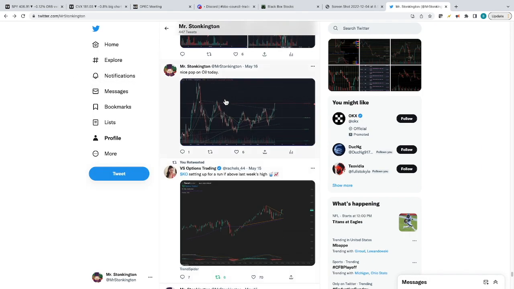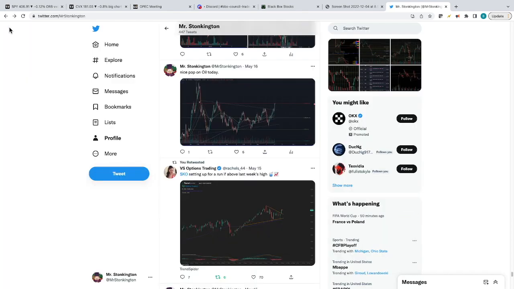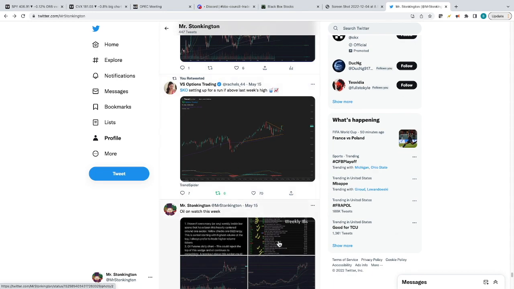The very next day it popped the flag and had a nice move up out of that. Again, this is not a buy or sell recommendation. Anything can happen, but it's notable that the last time we had so many tickers on the weekly inside bar scanner, we saw that kind of move.